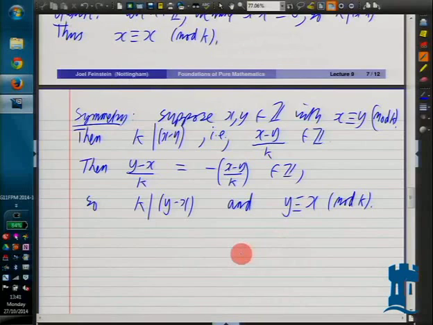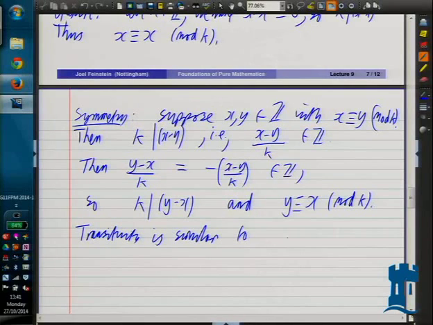And transitivity is like before, like the congruence mod 2 above.